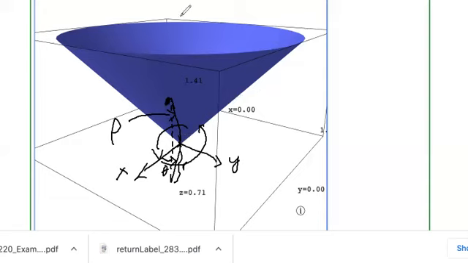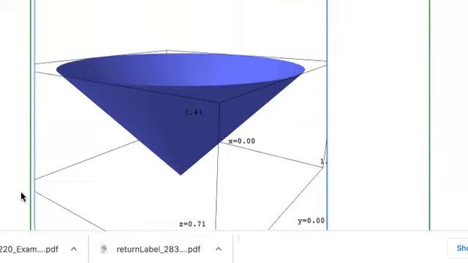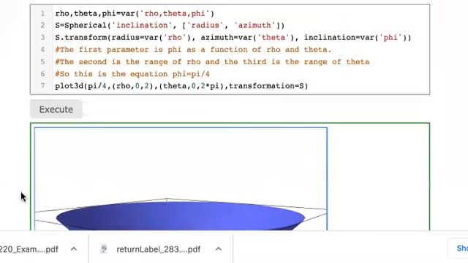That's because we set the phi value right here equal to a constant pi/4. So the phi value, down from here to here, that's pi/4, and it was constant all the way around. Okay.